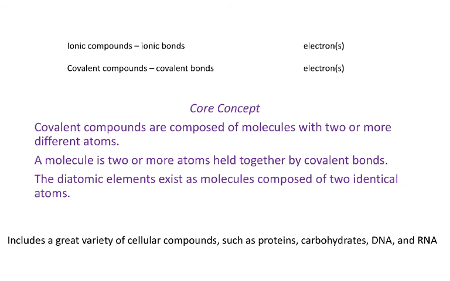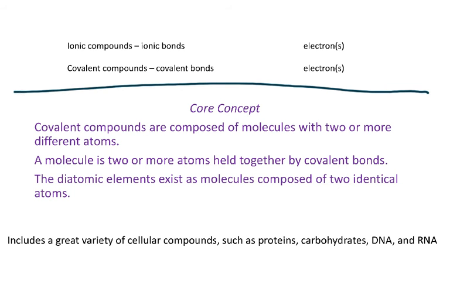So here, let's take a look across the top, a little bit of a review, that ionic compounds form ionic bonds, and ionic bonds do what with electrons? Ionic bonds transfer electrons, right? Like a metal gives electrons to a nonmetal.